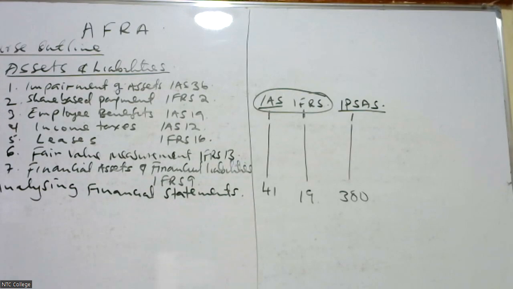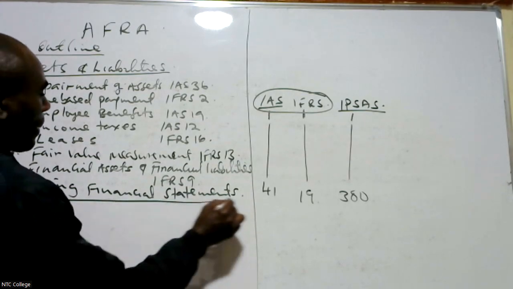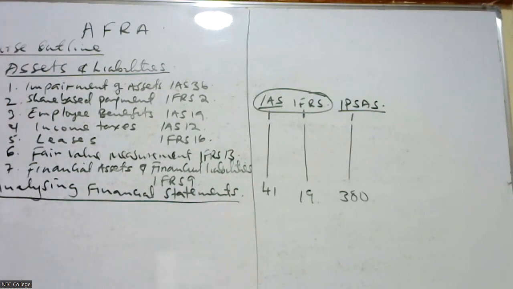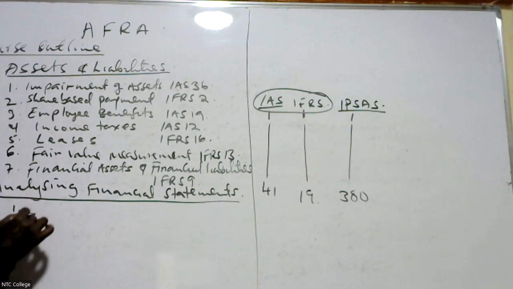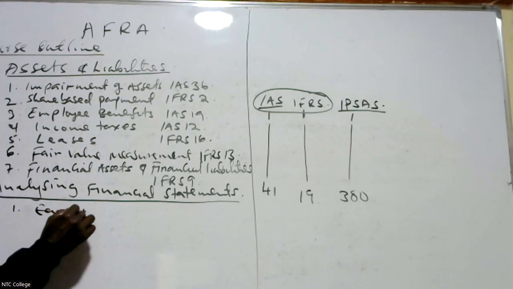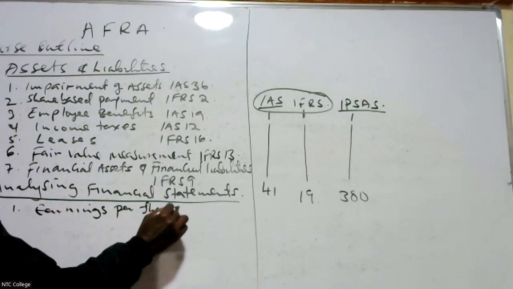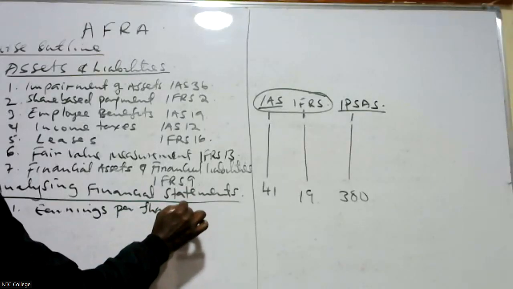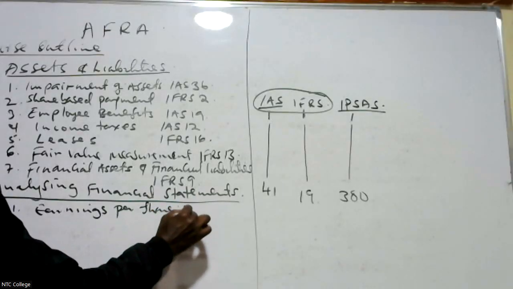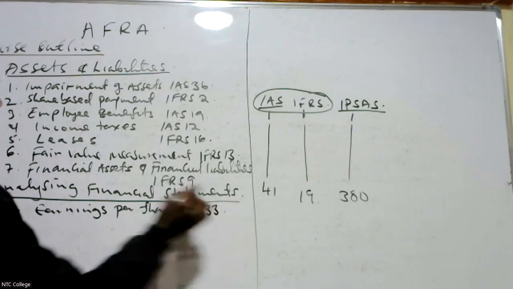Analyzing financial statements, that is another topic, number two, we need to discuss. Under topic number two, we are going to discuss number one, earnings per share, that is IAS 33.